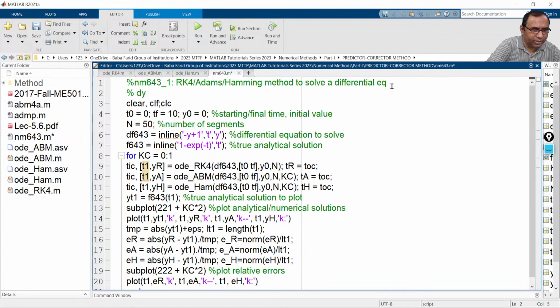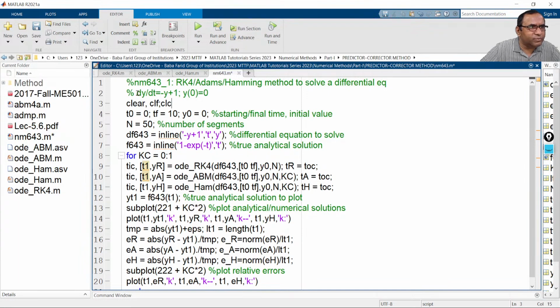dy/dt = -y + 1. Okay, and the initial condition is y(0) = 0.